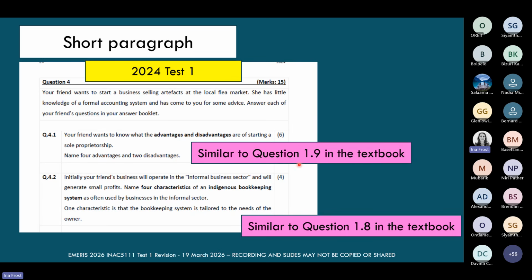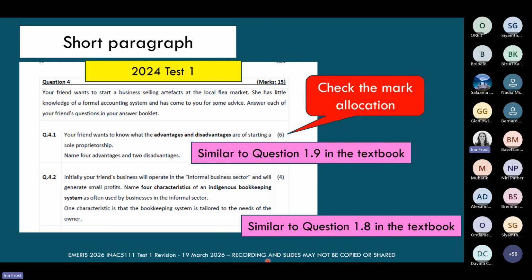The question is just slightly adapted, but it is nearly the same question that is in your textbook. So please, students, we can't overemphasize the importance of working with your textbook questions.